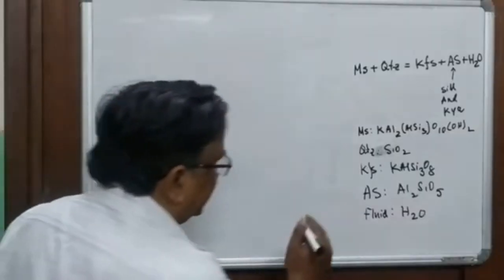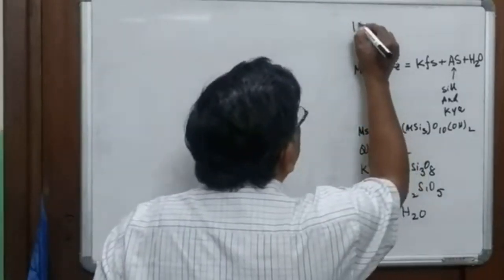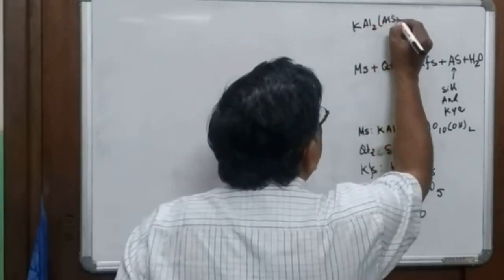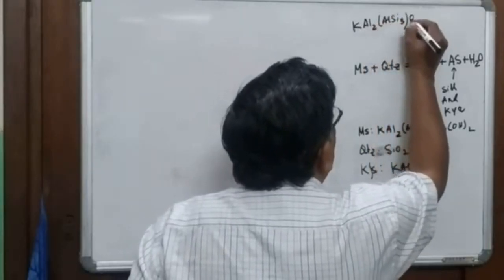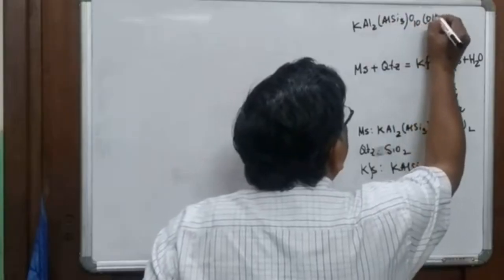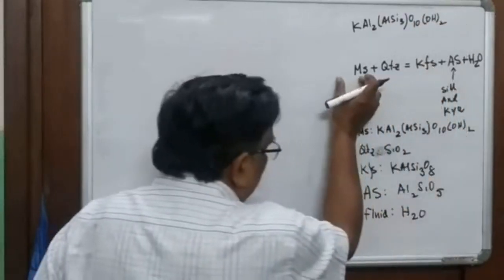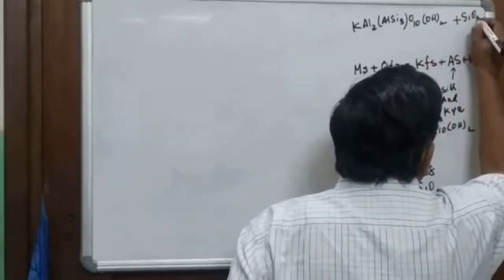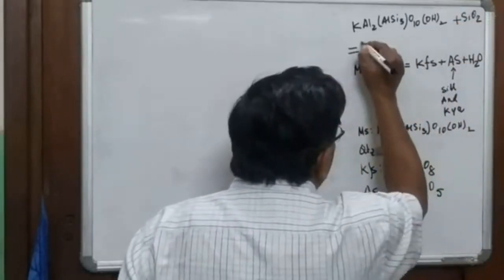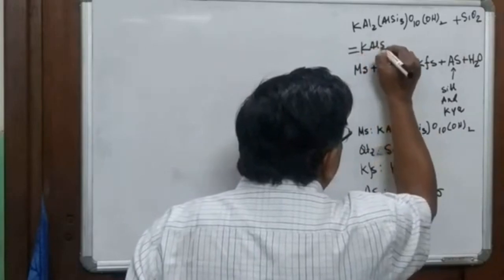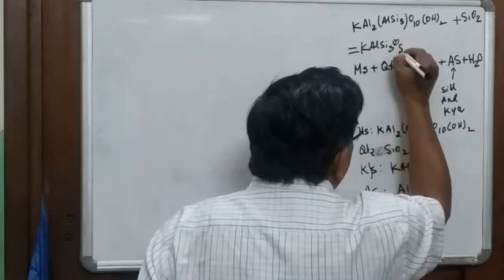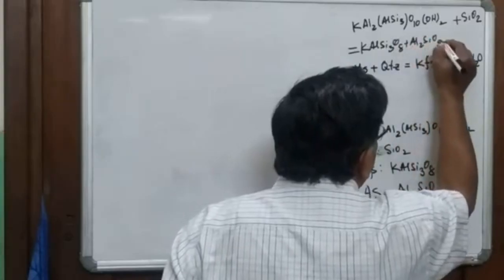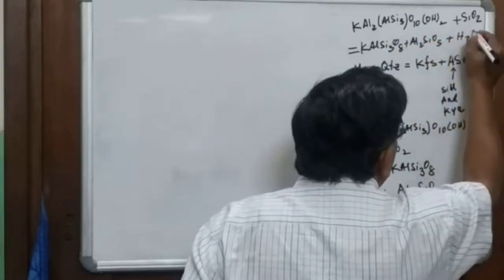Now the reaction, if you write, it is like this: KAl2 AlSi3 O10 (OH)2, these are the reactants, plus SiO2 is equal to KAlSi3O8 plus Al2SiO5 plus H2O.